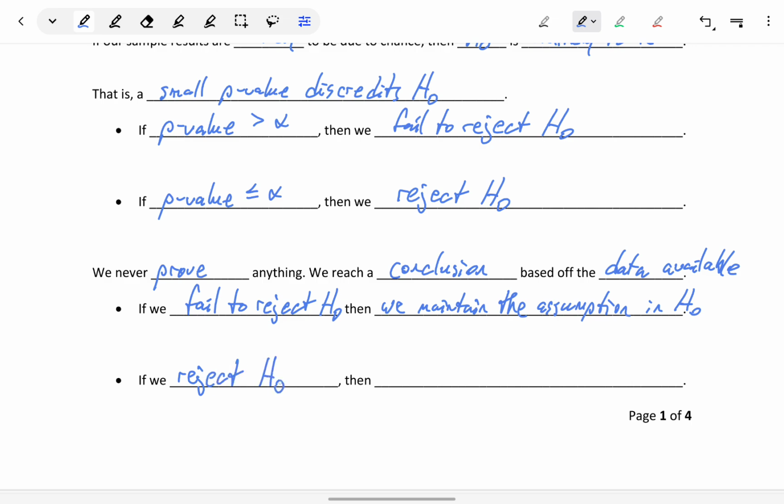If we reject the null hypothesis, then we're saying there is sufficient evidence to discredit the assumption in the null hypothesis.